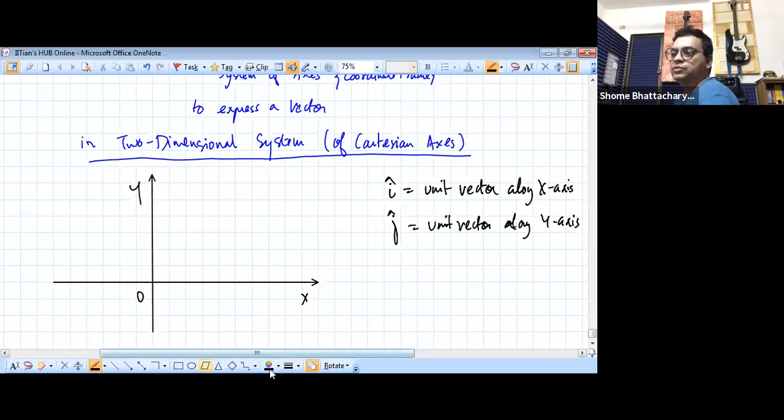Yeah, magnitude is 1. So we define a vector of magnitude 1 along the x-axis and a vector of magnitude unity along the positive y-axis. Magnitude 1, this is called I cap. Magnitude 1, this is called j cap.